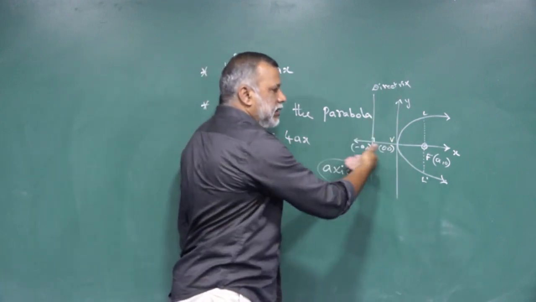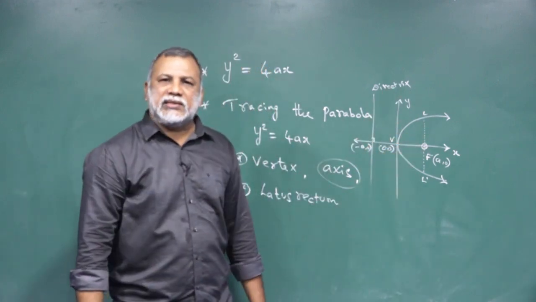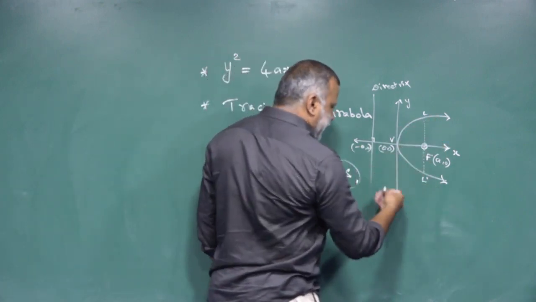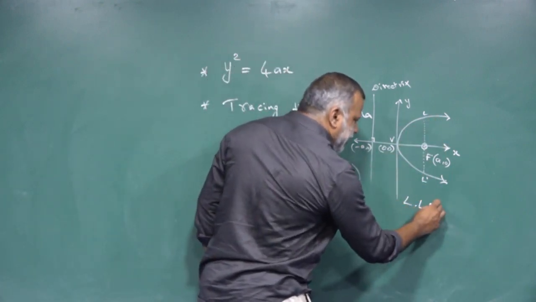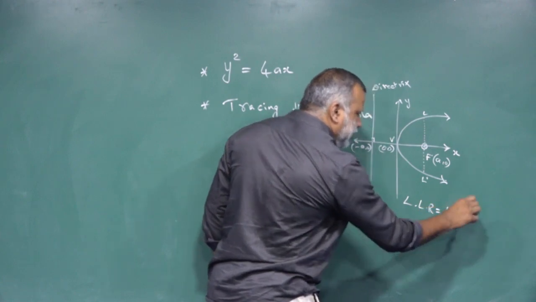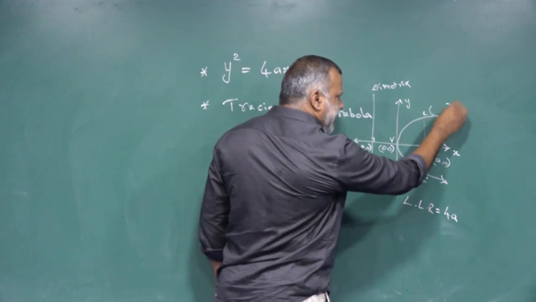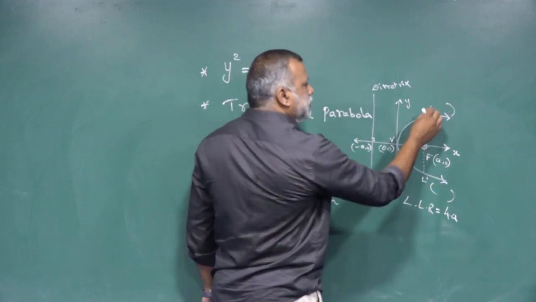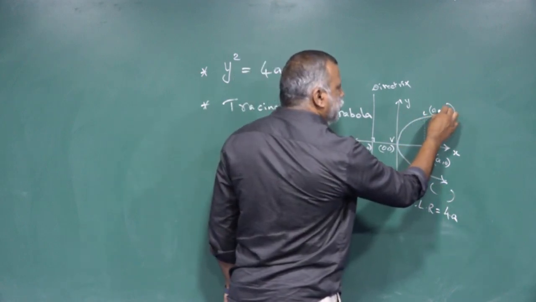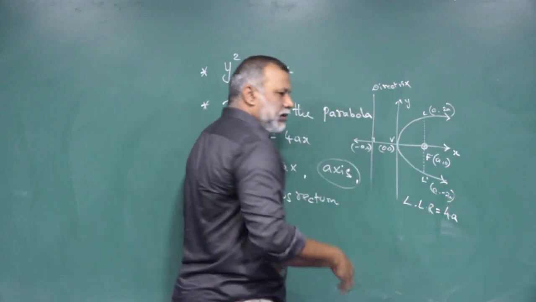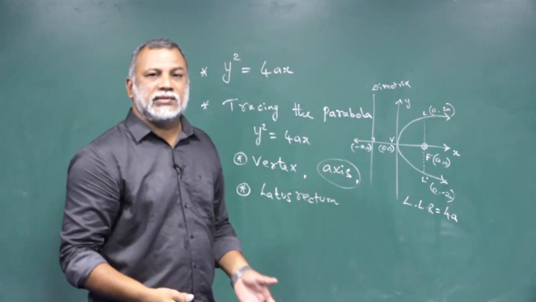The focal chord which is perpendicular to the axis of the parabola is called the latus rectum. The total length of the latus rectum is 4a. The endpoints L and L dash are (a, 2a) and (a, minus 2a). All these concepts we already discussed.